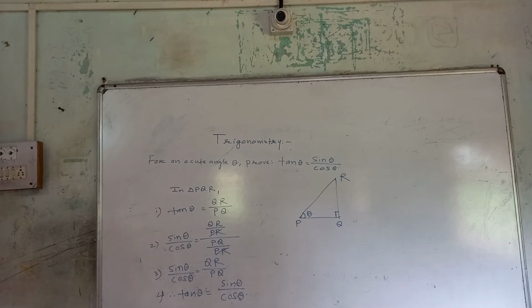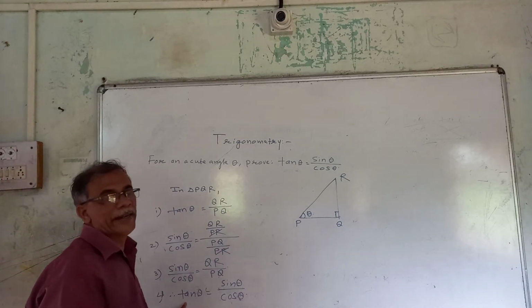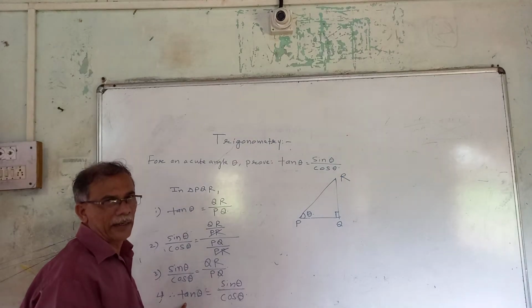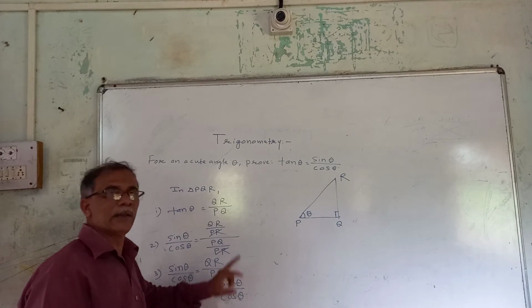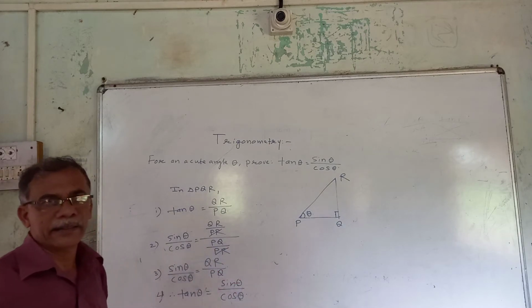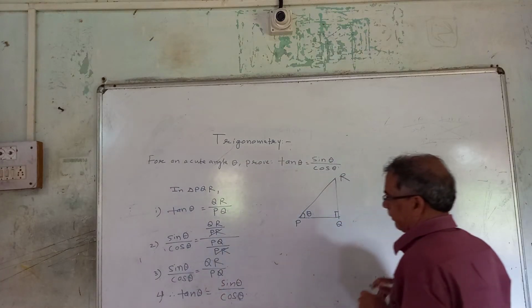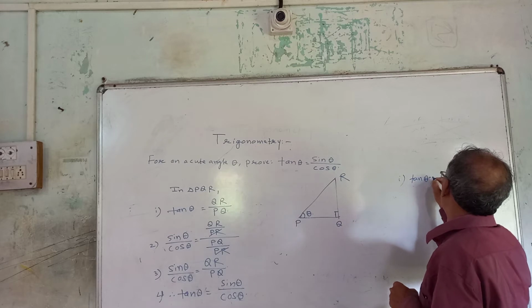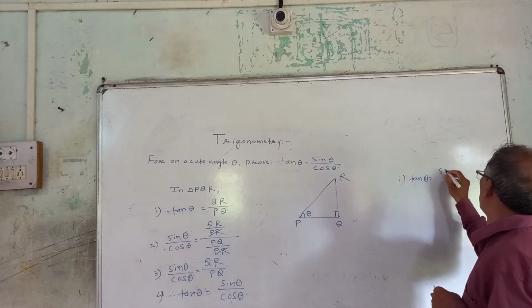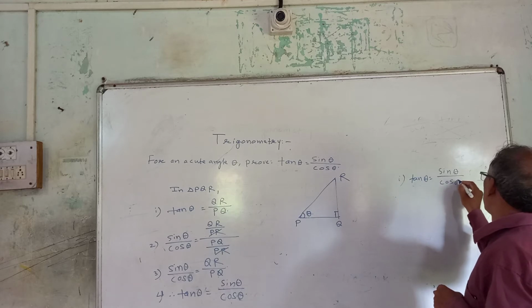Similarly, what is the inverse ratio of tan theta? Cot theta. So we can write, cot theta is equal to, what is the inverse of this? Cos theta upon sin theta. That is also there. So you have to remember these formulas now. Tan theta is equal to sin theta upon cos theta.